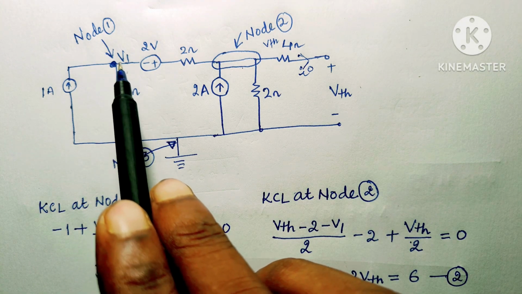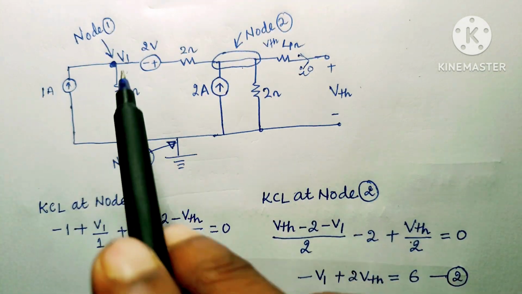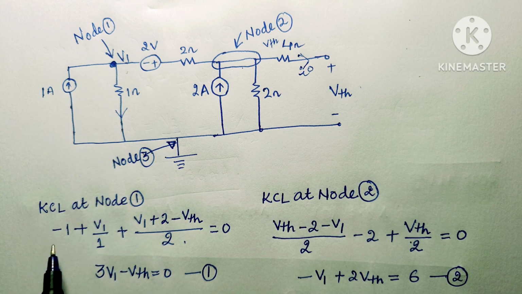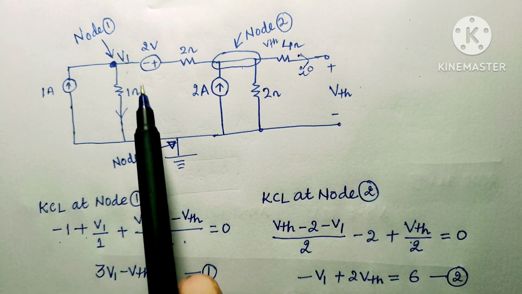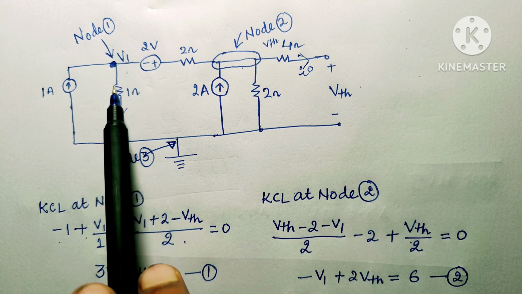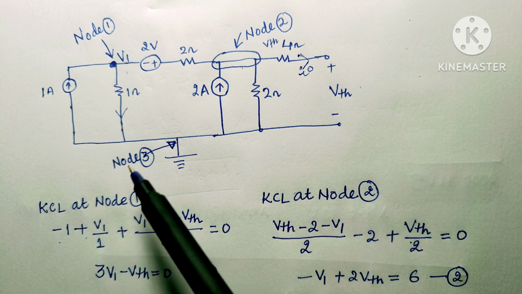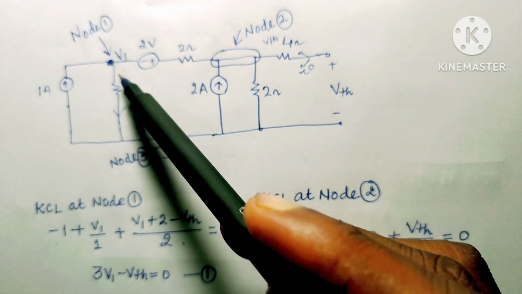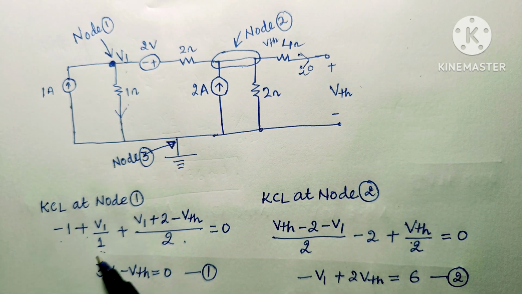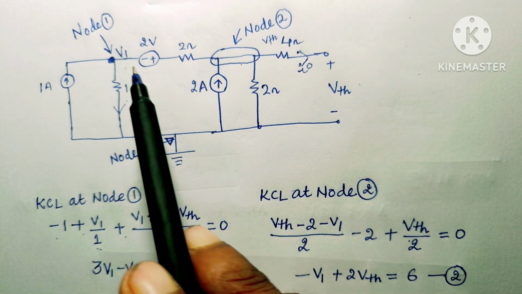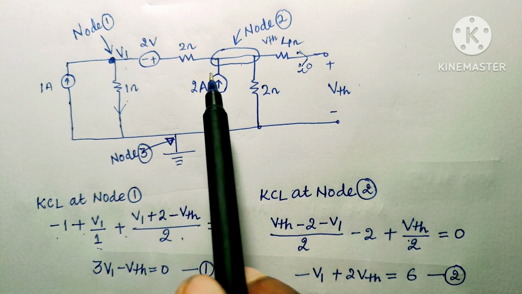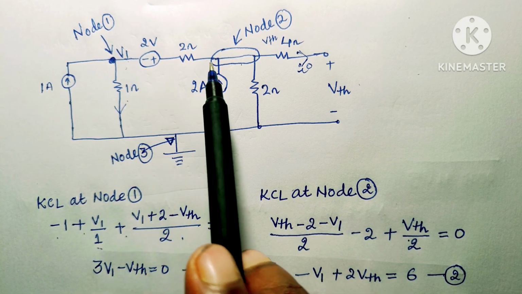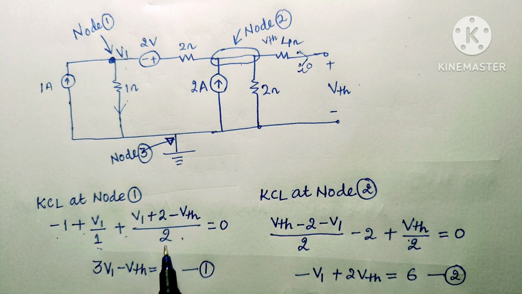Now if we apply KCL at node 1, what will the KCL be? Since this 1 ampere current is coming towards the node, it will have a negative sign, -1. Plus, we don't know the current in this branch, so let's assume the current flows outwards. Here the current will be V1 upon 1, plus in this branch, if we write the KCL, it will be (V1 + 2 - VTH) upon 2.